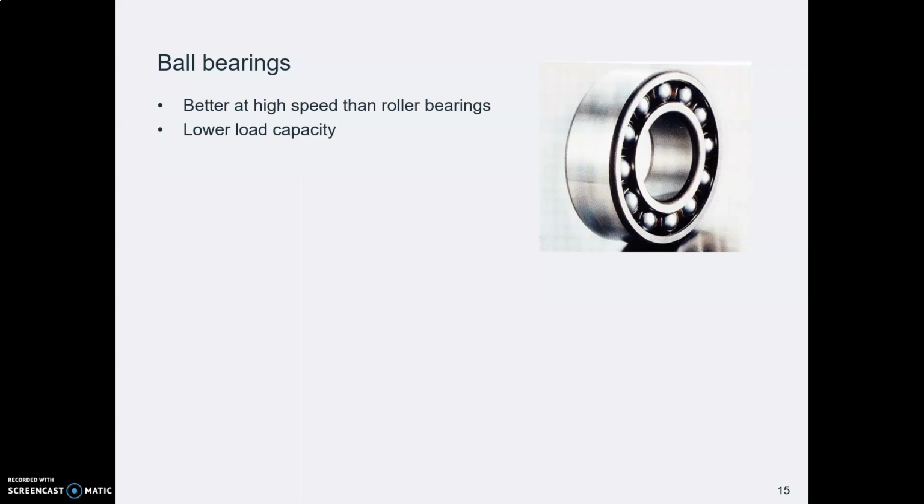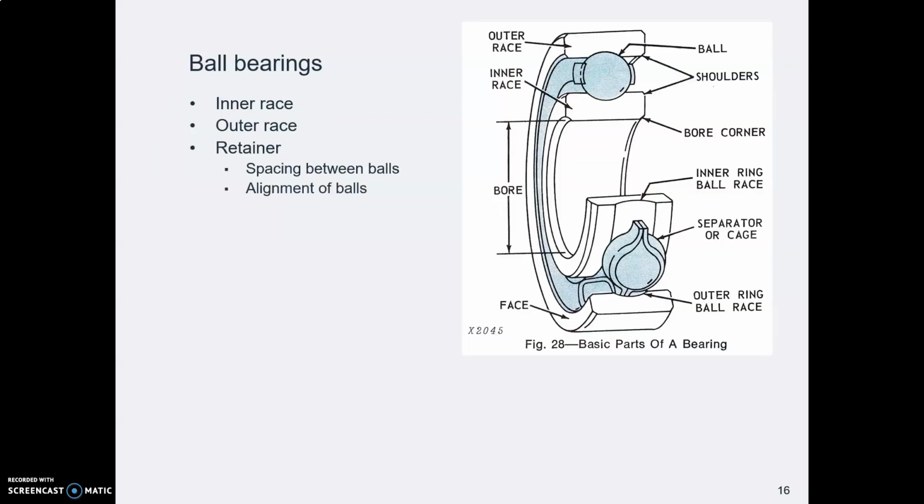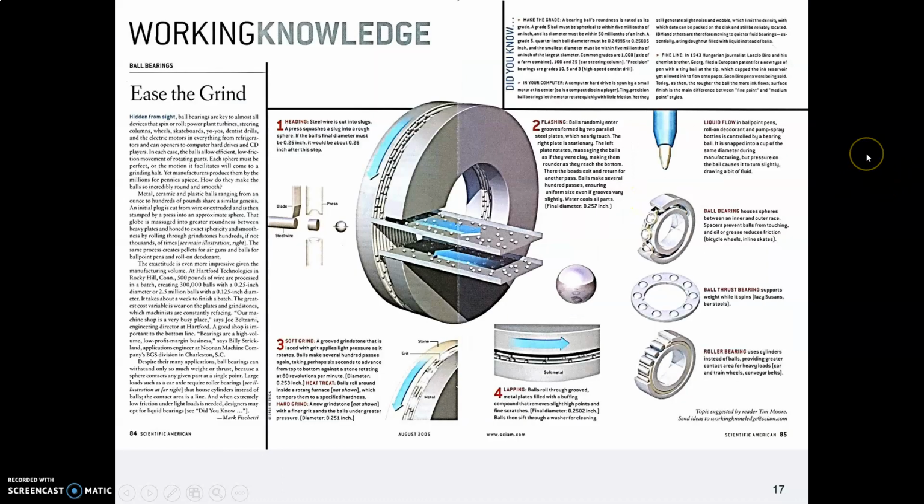You don't see them in big heavy situations. In a ball bearing, the inside and outside round thing that holds the balls is called a race. There's an inner race and an outer race. And then this thing in here that captures each ball is called a cage. Outer race, inner race, cage.